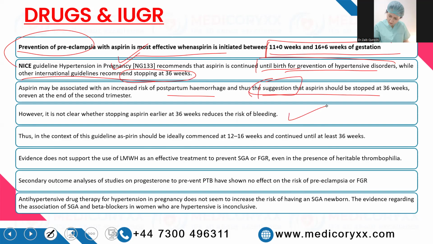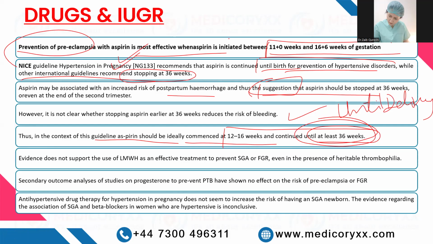Thus, in the context of this guideline, aspirin should ideally be commenced at 12 to 16 weeks until at least 36 weeks, but preferably until delivery. See, this is just the game of the wordings. Until at least 36 weeks means every woman should be taking this for at least 36 weeks, but preferably until delivery.